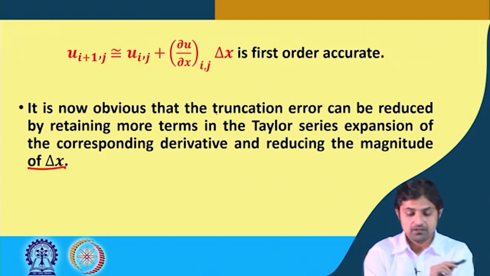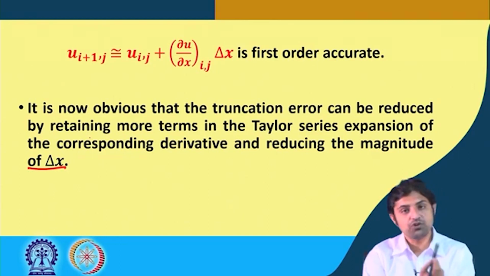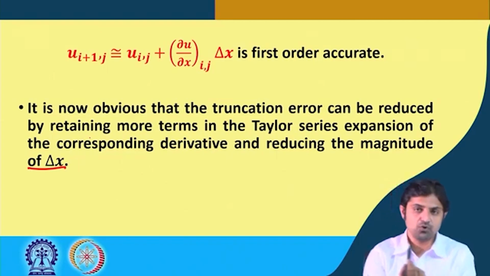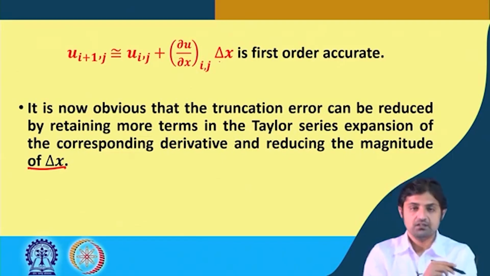So, this error can be reduced, first, by retaining more terms in the Taylor series expansion. The more the number of terms, the less will be the error. And if we reduce the magnitude of delta x, then delta x square, delta x cube will be even less. Therefore, the truncation of those terms will be almost negligible.